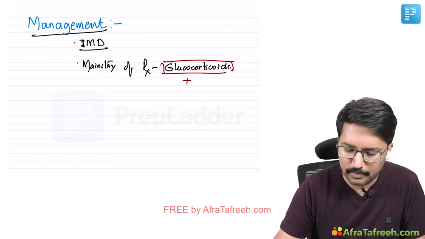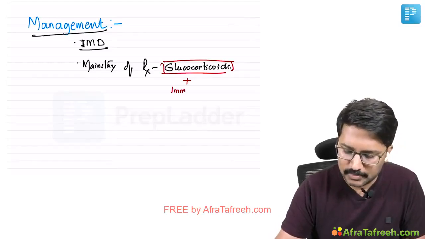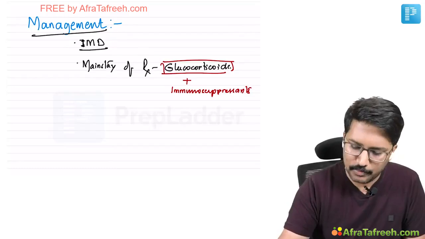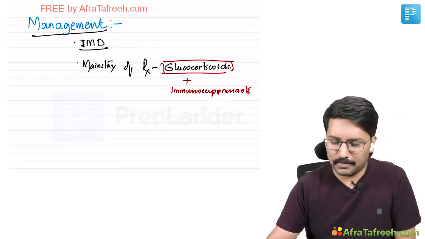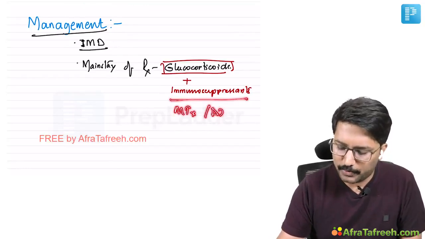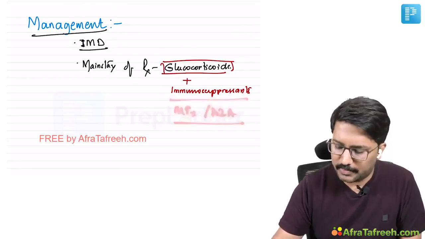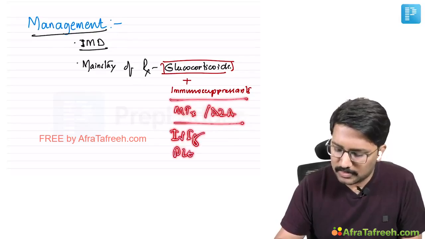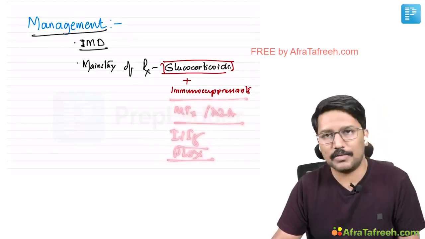Plus we might have to combine with other immunosuppressants. The second immunosuppressant depends on the severity, whether you want to use conventional agents like methotrexate or azathioprine or a little higher agent, and whether you want to combine with IV immunoglobulins or plasma exchange. That depends on the severity of the disease.